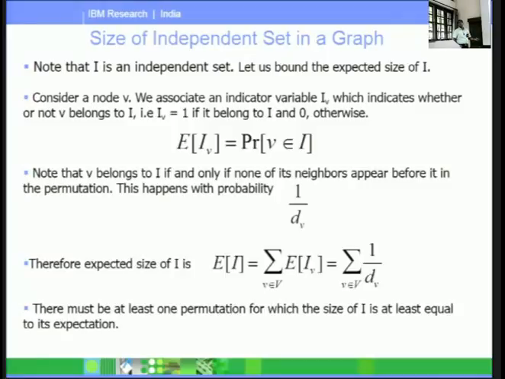So look at any vertex. When is it likely that it will be included in the independent set? When none of its neighbors occur previous to it in the order, right? And that happens with just a probability 1 over d_v.